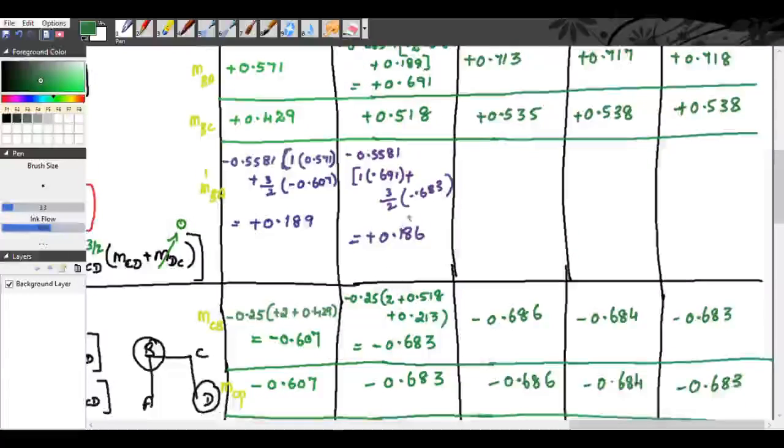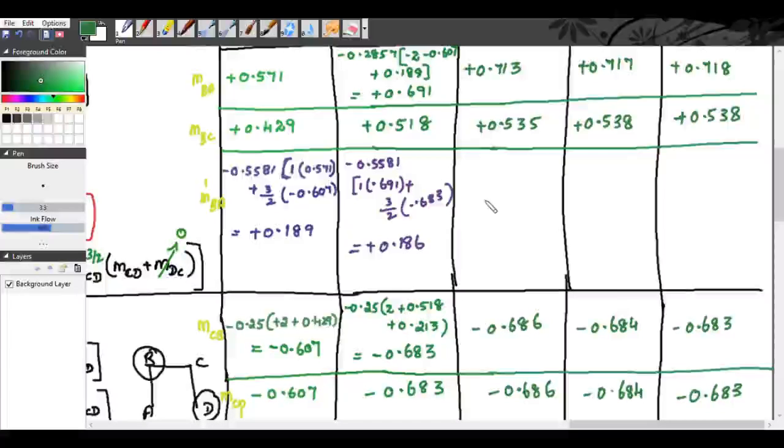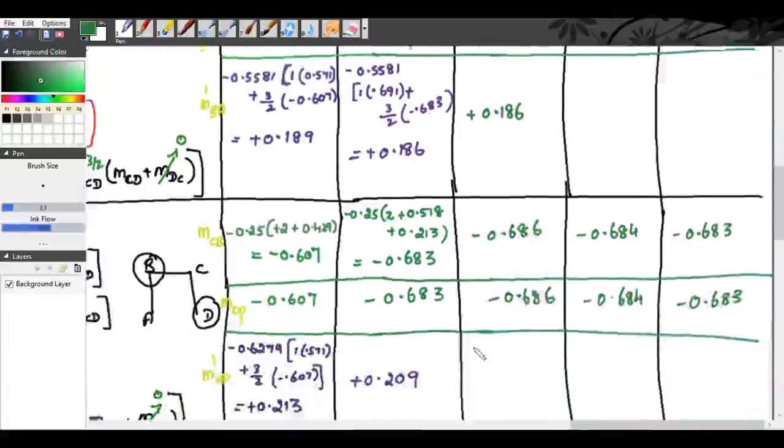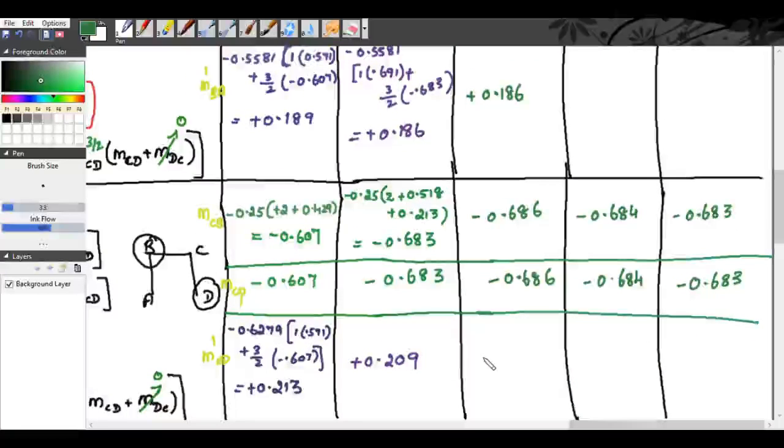Now the displacement contributions. For the third iteration, M dash BA is plus 0.176 and M dash CD is plus 0.198.